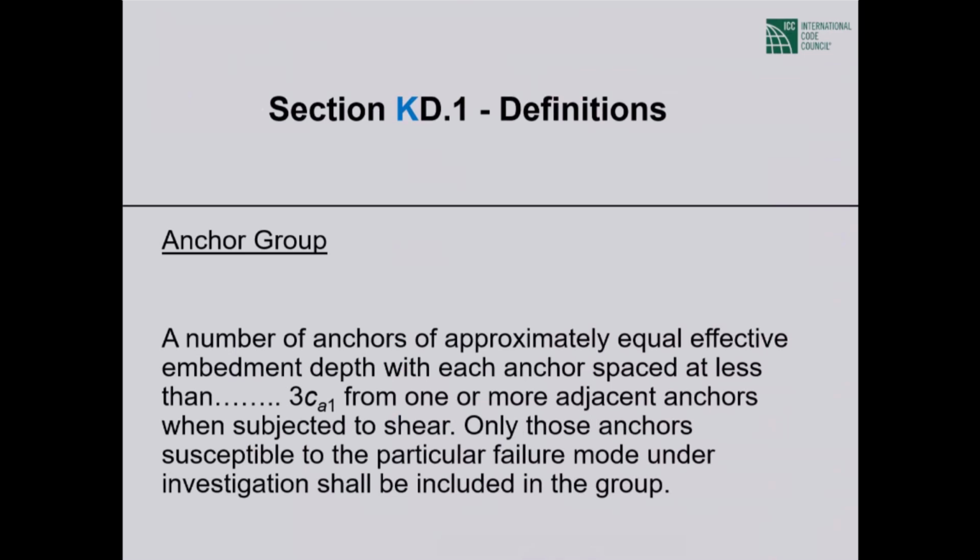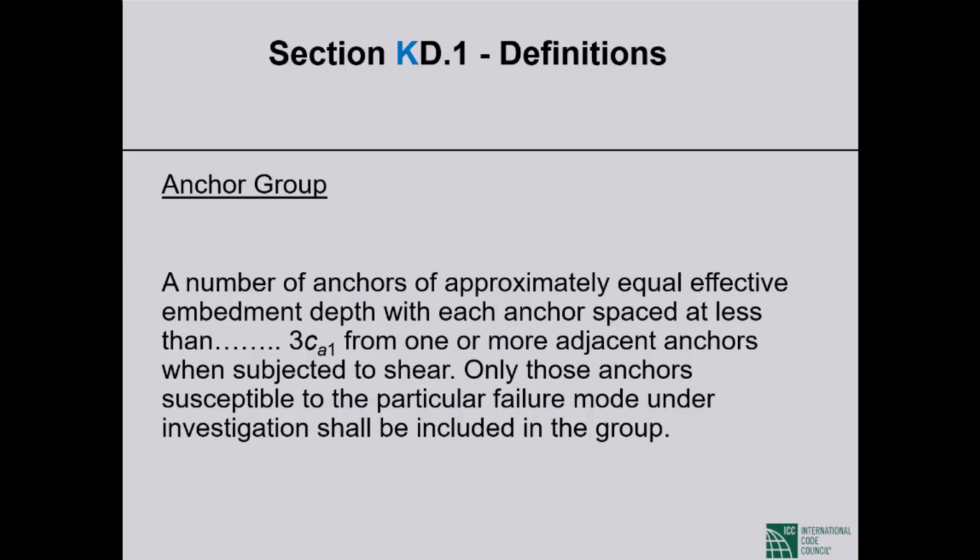Okay, we looked at the definition of an anchor group in tension. Now, what is the definition of an anchor group in shear? A number of anchors of approximately equal effective embedment depth, with each anchor spaced at less than 3 times C sub A1. Now, a couple of very important things.